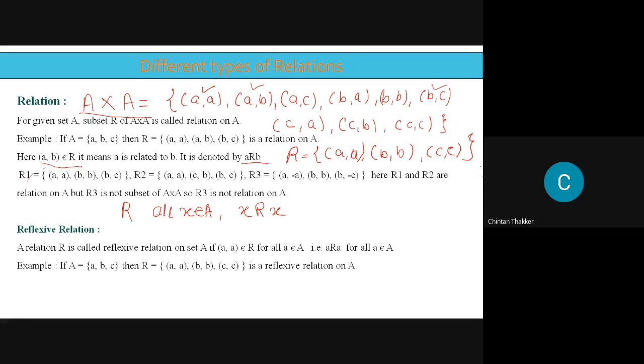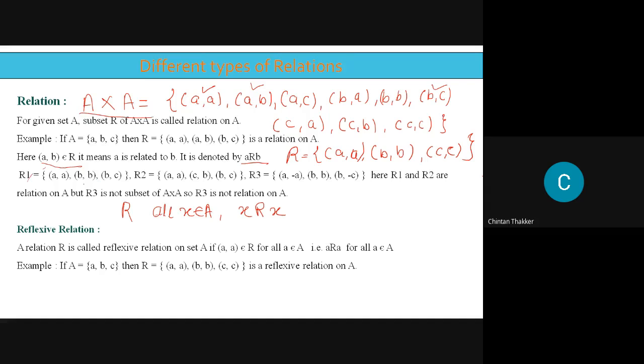So if A is {a, b, c}, R will contain (a, a), (b, b), and (c, c).